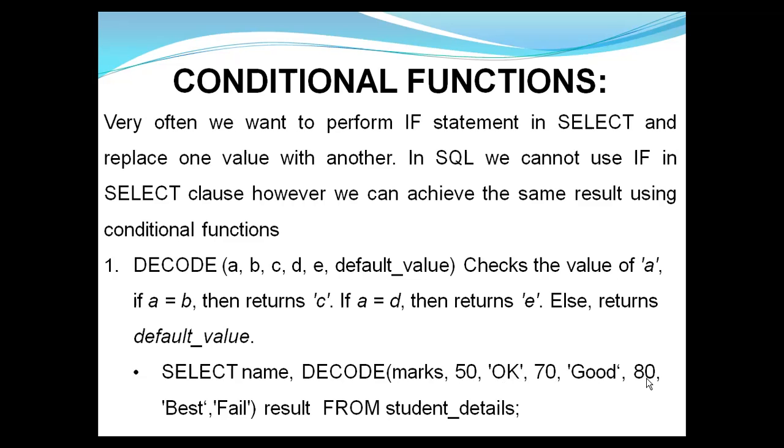Otherwise, it will compare with 80, and if it matches, return best. If it matches none of 50, 70 or 80, the result will be fail. So simply, we are not returning the marks. We are returning, based on the marks, let's say the grade. That is why this helps you decode a particular thing: if this, then this.